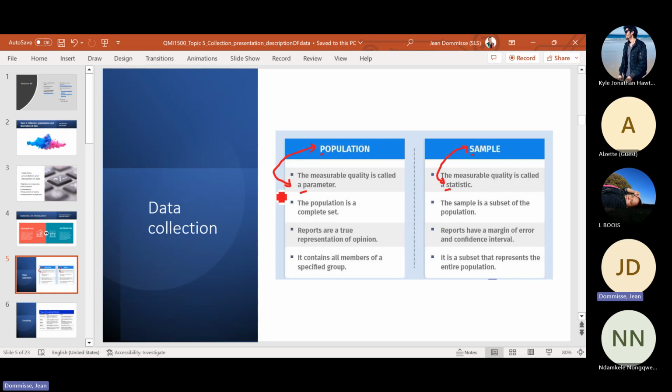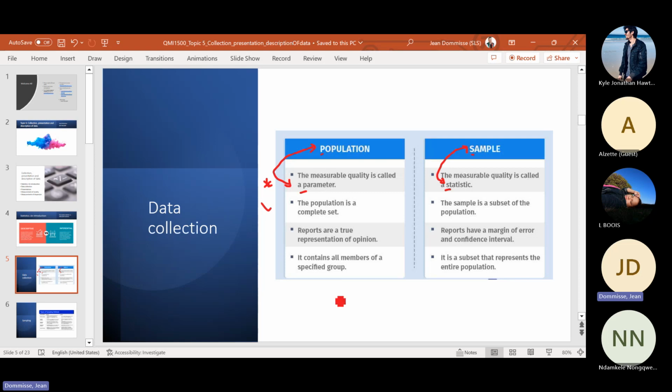Okay, then if I ask you anything about what is a population, the population is a complete set. So if we talk about the population of South Africa, everybody in South Africa, a sample of that can be the people in the Western Cape. So that is a sample of a population. What else happens is that reports are a true representation of opinion.